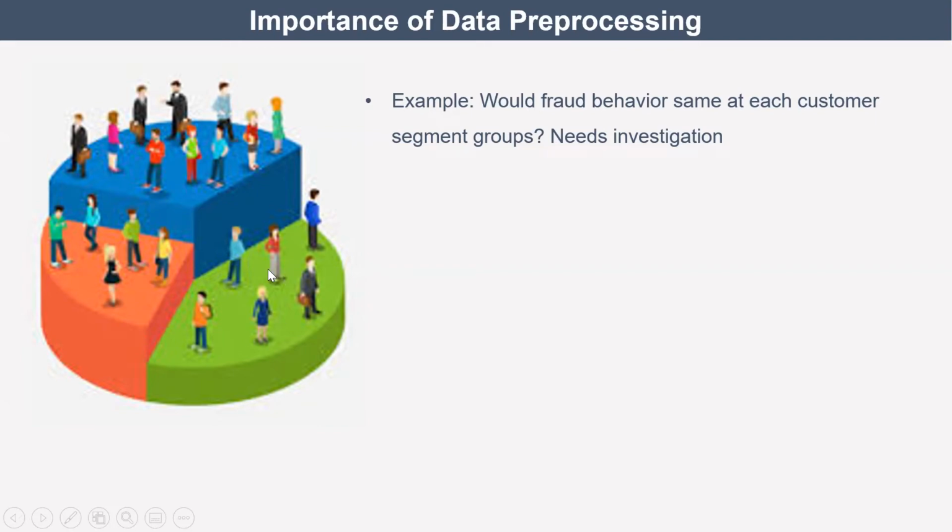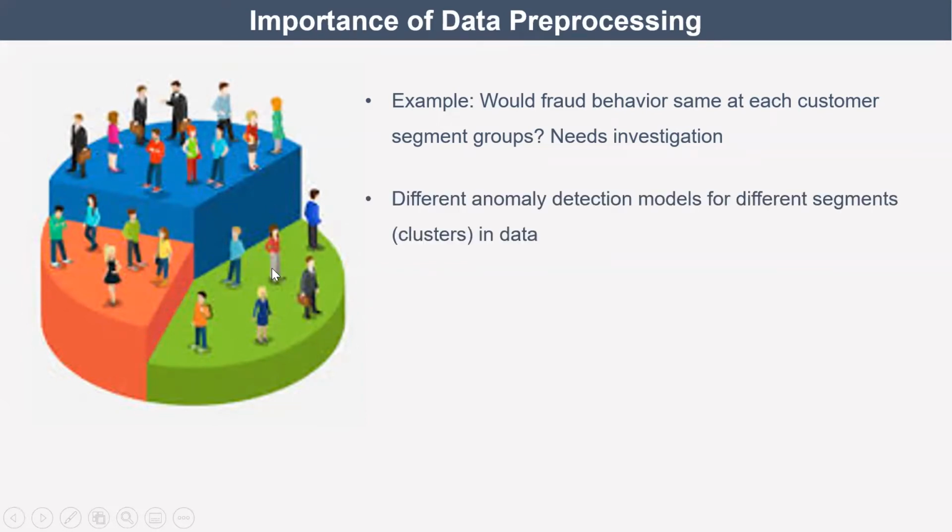We have different segments of customers, and if we want to develop a fraud model on this, we need to investigate, because one model may not work well for each segment as their behaviors may be different. So we need to test different models for different clusters in the data.